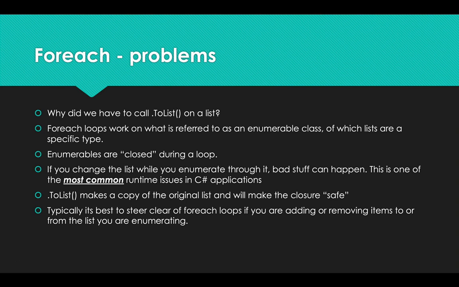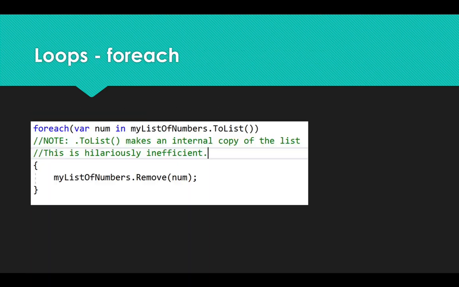The problem is when you change that list while you're trying to run the loop. So going back here, we are actually removing num from my list of numbers. And if we weren't going over a copy of my list of numbers, we would actually potentially get into an infinite loop, or we would run over the bounds of the list, depending on what kind of math we're doing in here to remove numbers.